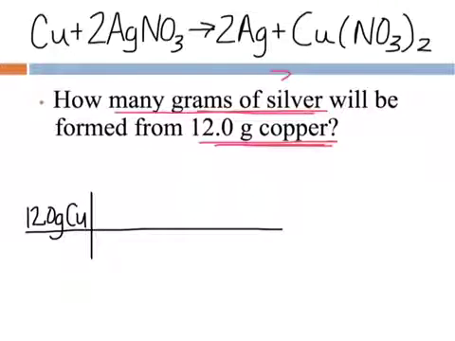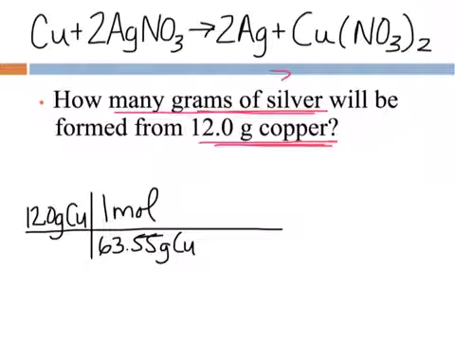And for every 63.55 grams of copper, I got that from the periodic table, it will weigh 1 mole. Okay, so this number right here, this came from the periodic table.